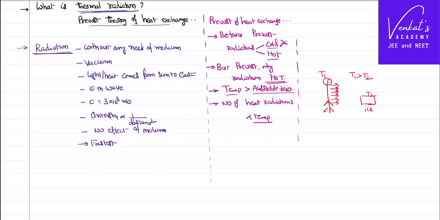So the person emits more heat radiations than the heat radiations emitted by the ice. The other way, what we can say, person loses more radiations than what he gains from ice.